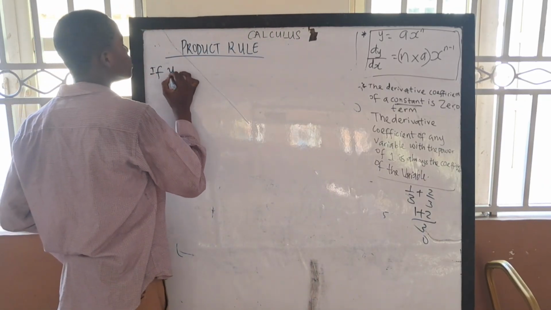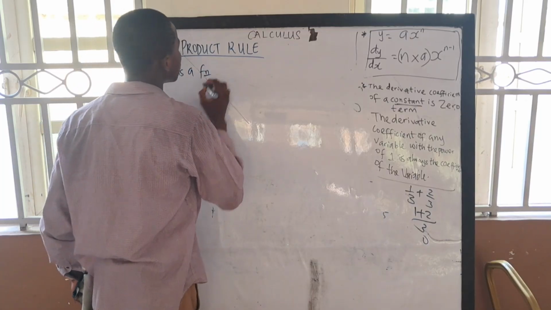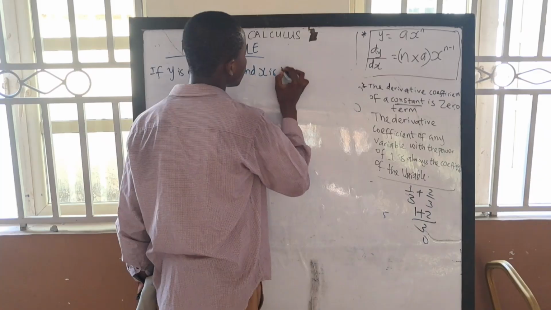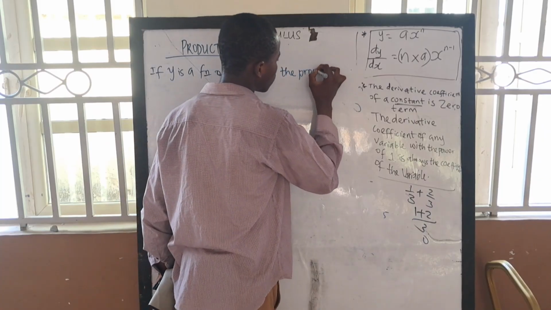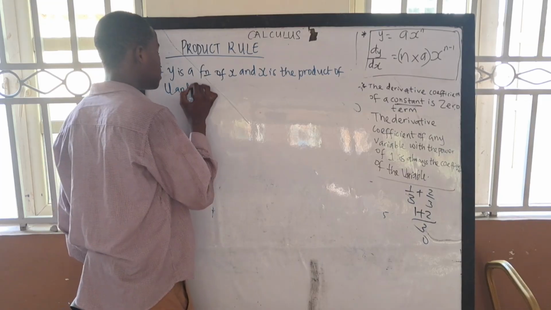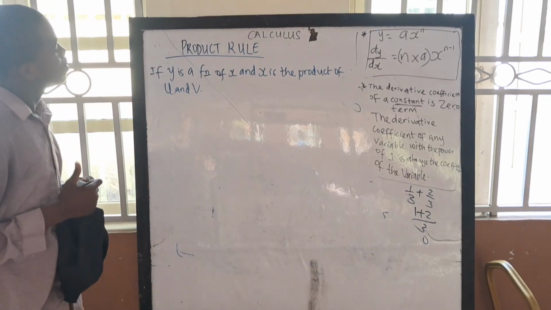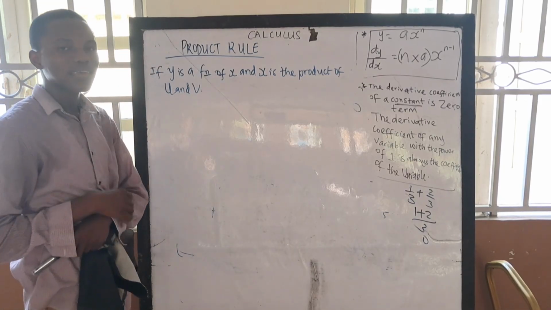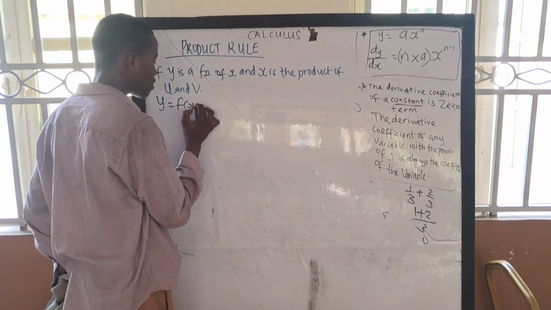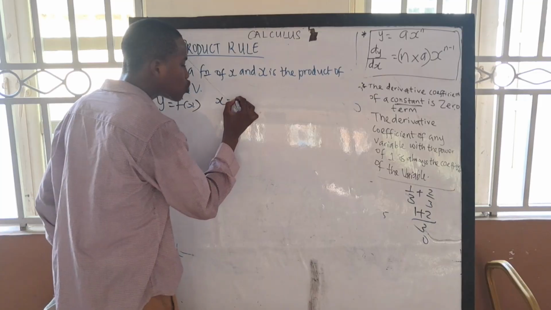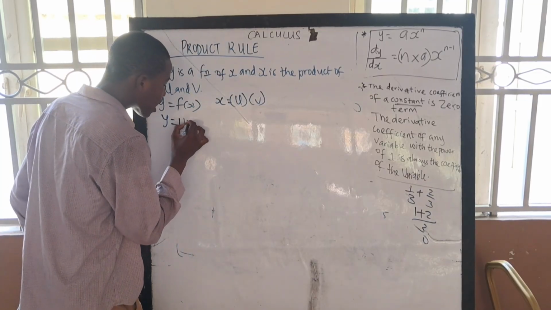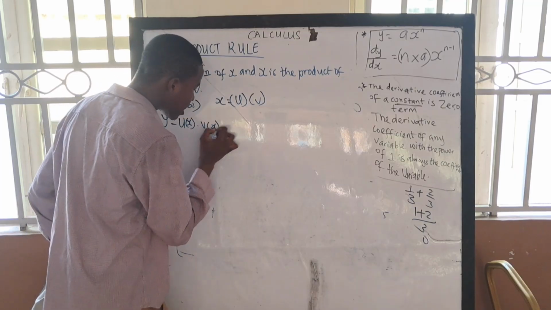If y is a function of x and x is the product of u and v, and this x is the same as u times v, so I can write this as u of x times v of x.